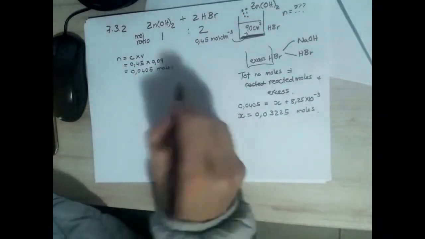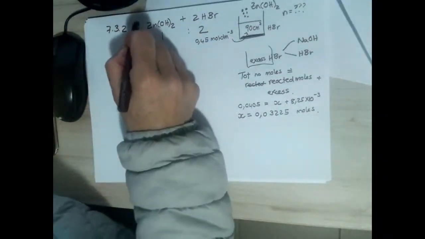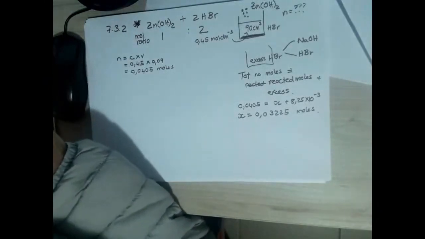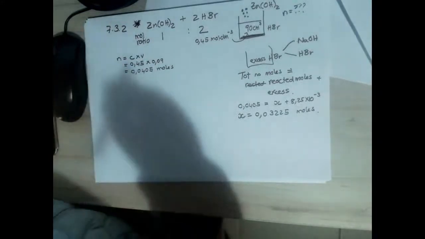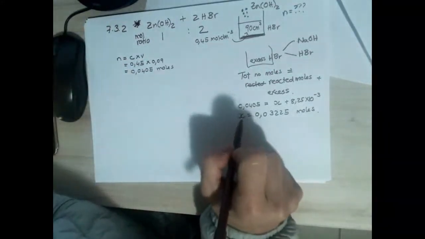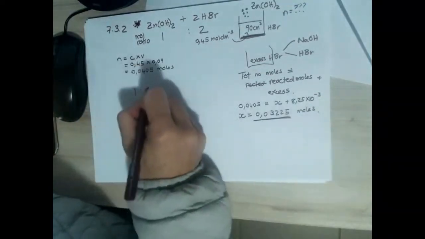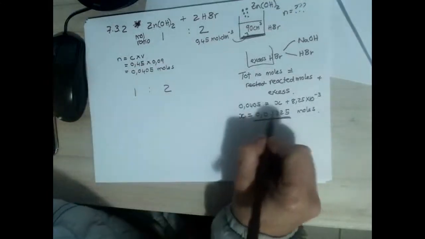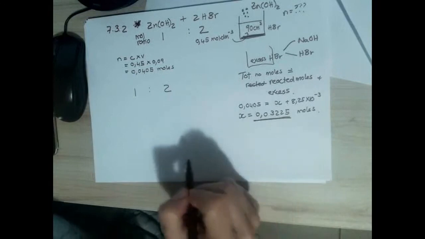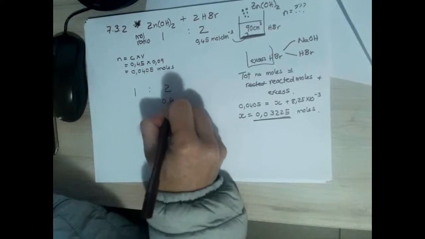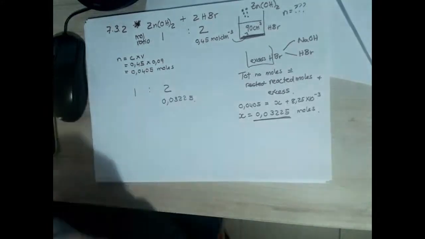Right. So now I want to go back to this thing. It all boils down to a mole ratio. All of these things are ratio problems. So I know that when I react my zinc hydroxide with my hydrogen bromide, they react in the ratio 1:2. But I've just figured out that the number of moles of HBr that reacted with my zinc hydroxide is 0.03225.